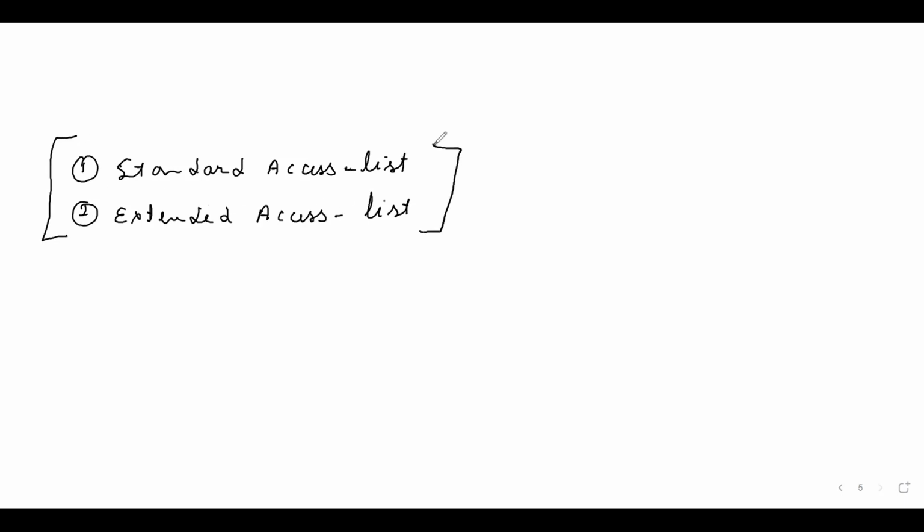Access list has why two types? Because in standard we have fewer features. If I apply a standard access list, I have fewer features. It will block my whole network. In extended, I have a lot of stability and a lot of features. This was a basic difference.